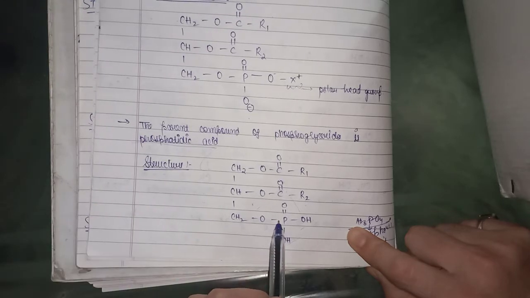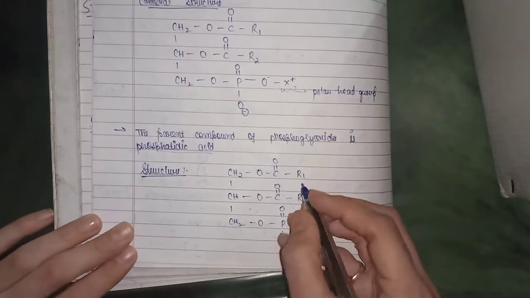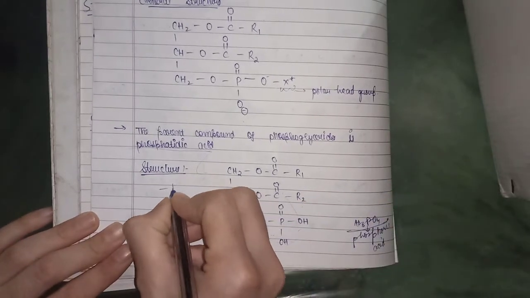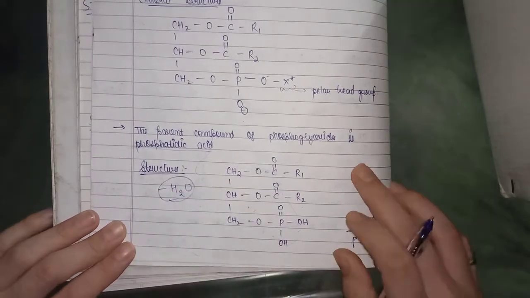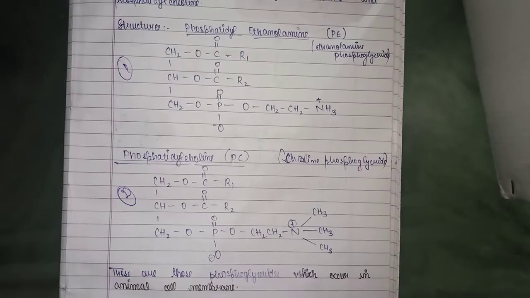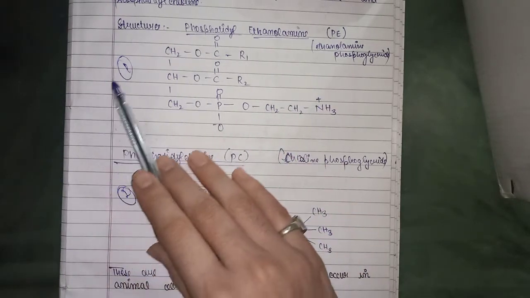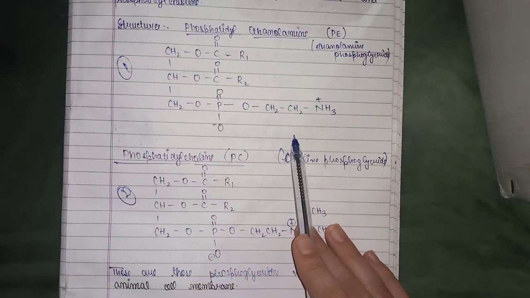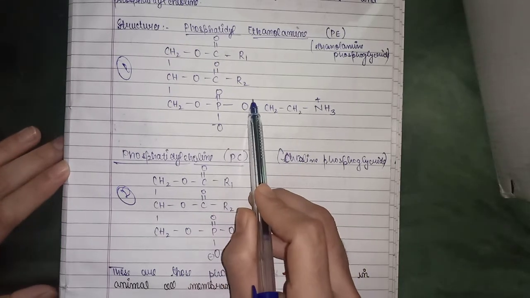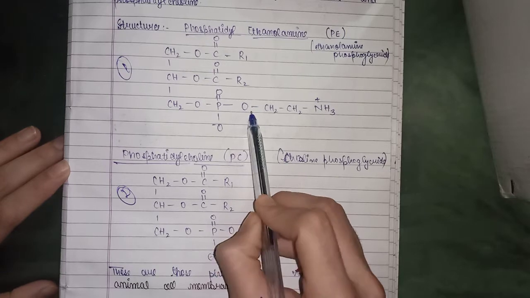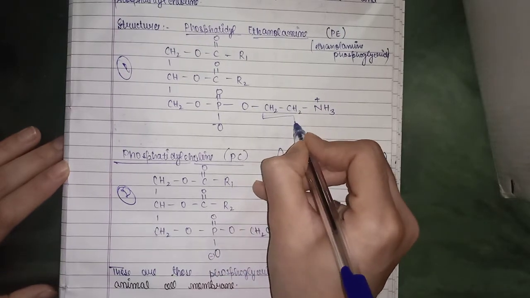This is the example, with the removal of water; water is removed in this reaction. Now these are the different phosphoglycerols, in which the hydrogen of the phosphoric acid is replaced by the polar head group.